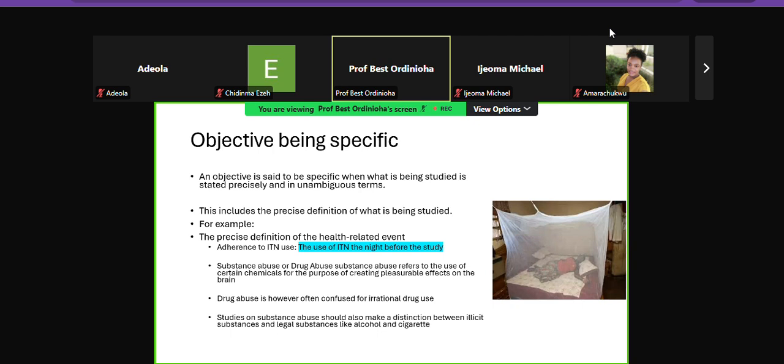Yes, but the student classified it so broadly that if you take paracetamol without a prescription, you'll be considered as being engaged in drug abuse. So the definition of what you are studying is very important. You have to precisely state it and go by it.